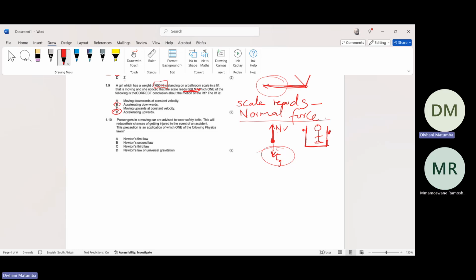Do you understand why the scale is 0? The correct answer is because you will be accelerating at the same acceleration as the lift.